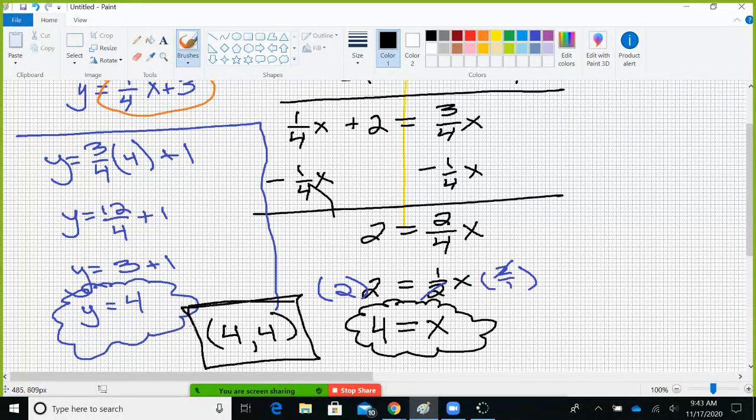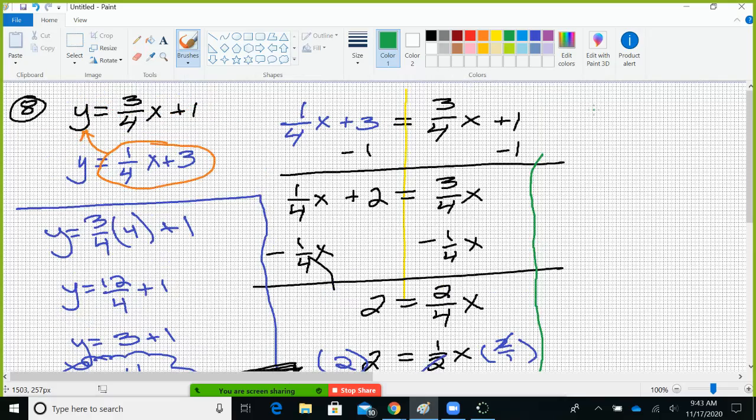But I have one last thing to do. Canyon, how do I check this? Okay, plug it into our first equation. So over here, that's as straight as I could get it. Over here, we're going to check our answers.